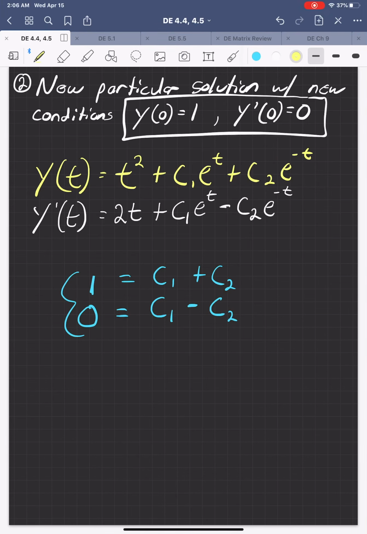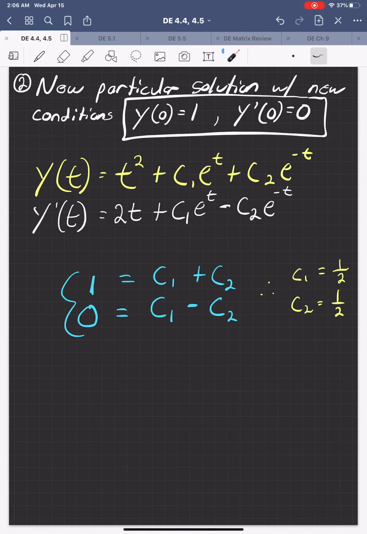If you want to use a matrix, or some elimination methods, what you should find is c sub 1 is equal to 1/2, and c sub 2 is also equal to 1/2. Let's make sure that makes sense. If you have a half plus a half, you get 1. If you have a half minus a half, you get 0.